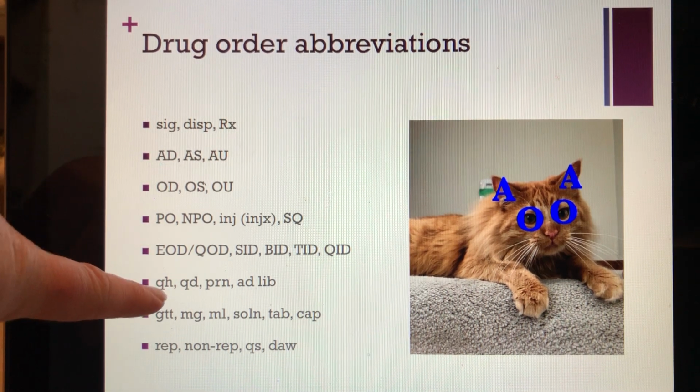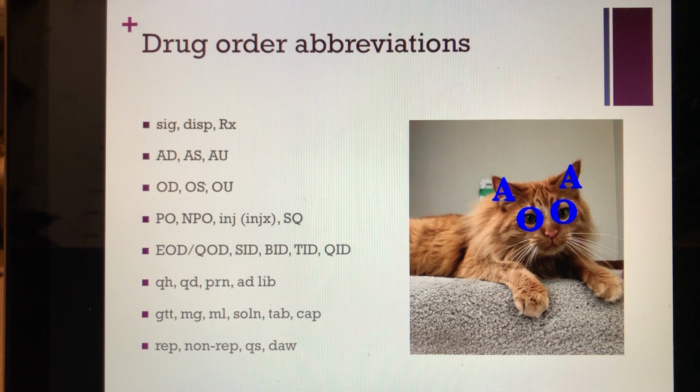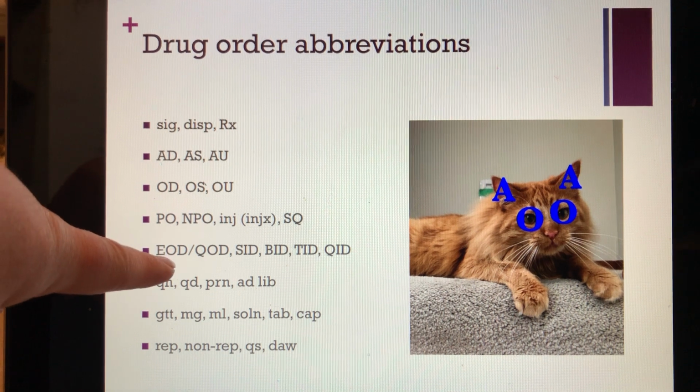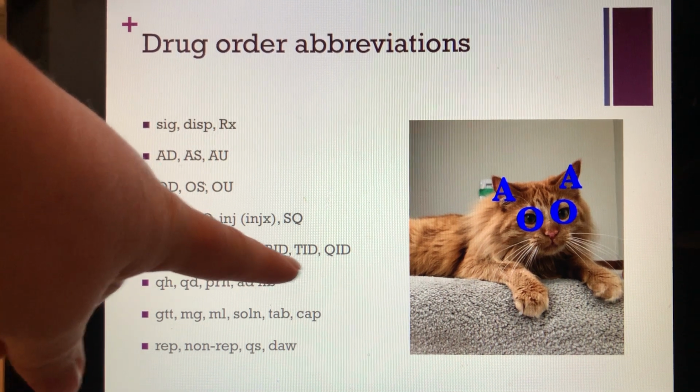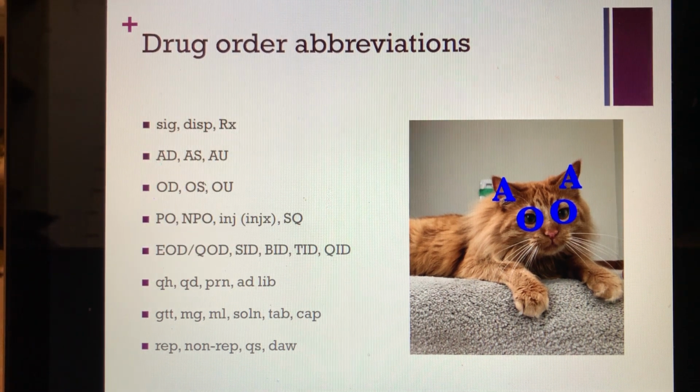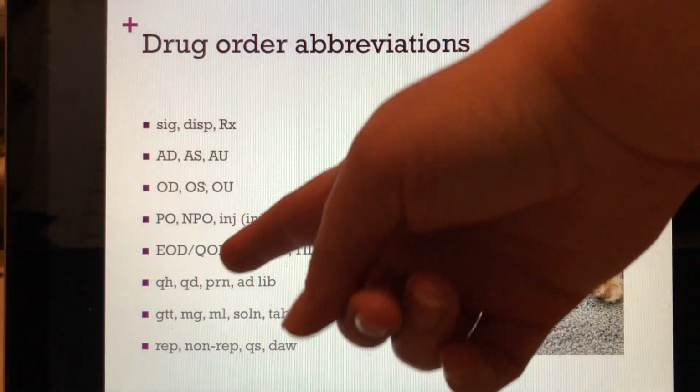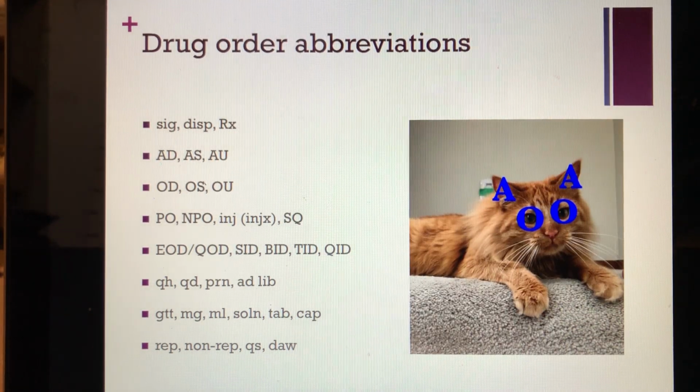So a lowercase q is usually what's used. It means every. So QOD is every other day. I personally like to use EOD, SID, BID, TID, QID, because since there's already a Q here, I feel like using QOD might open yourself up to confusion. So I personally prefer to use the EOD abbreviation for every other day.